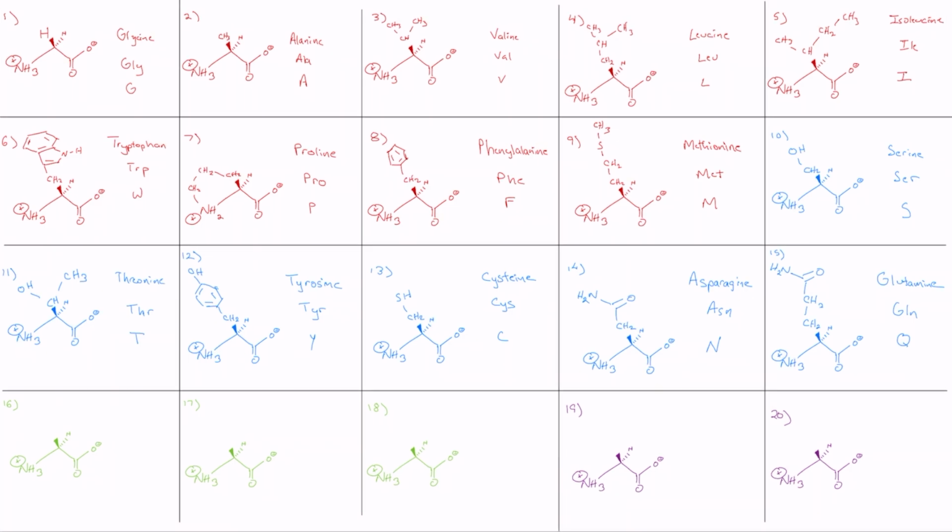So now let's draw our 3 basic amino acids in green and 2 acidic amino acids in purple.